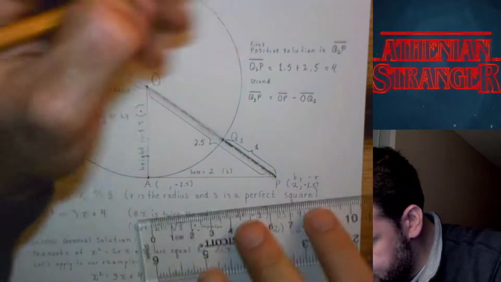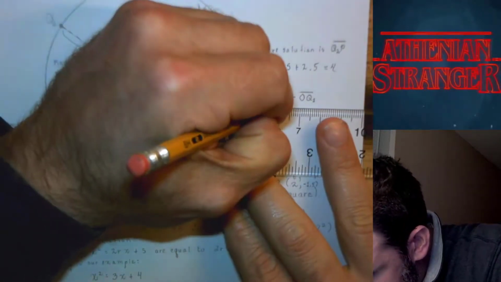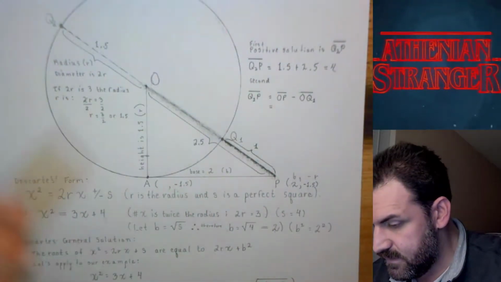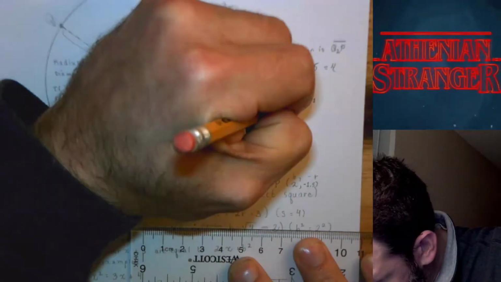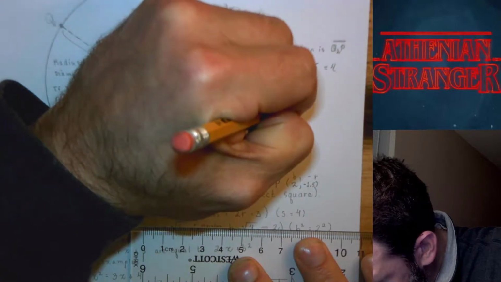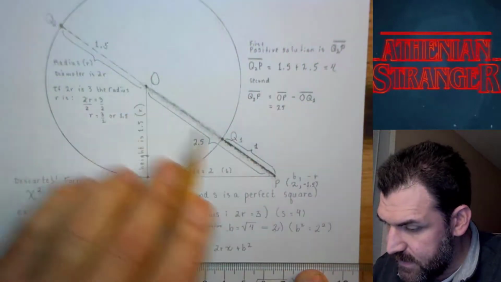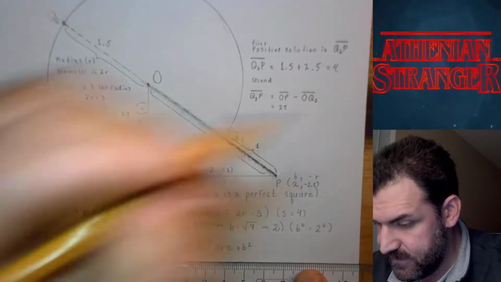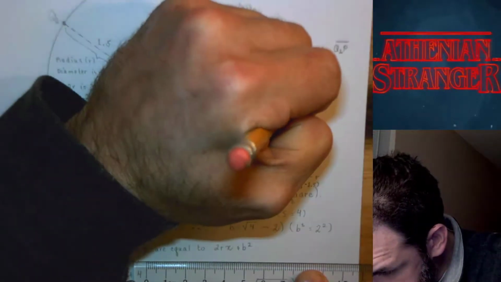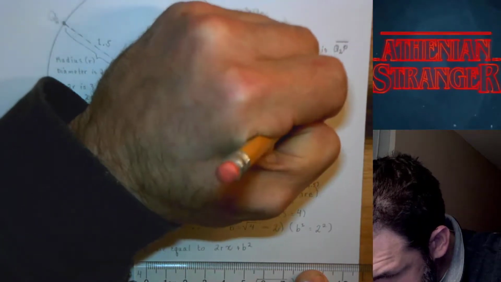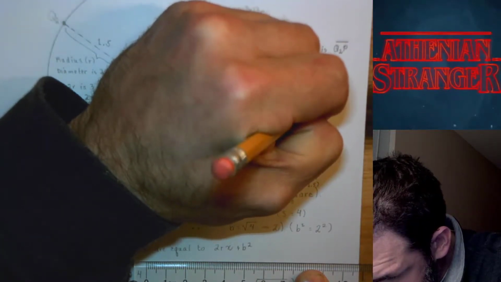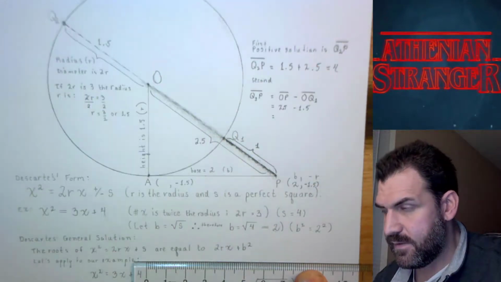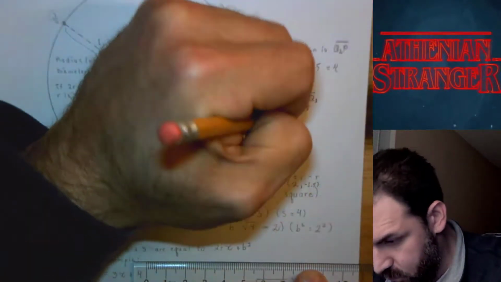OP is 2.5. We found that out using the Pythagorean Theorem. And O to Q1 is the radius of the circle, which is 1.5. So 2.5 minus 1.5 is 1.